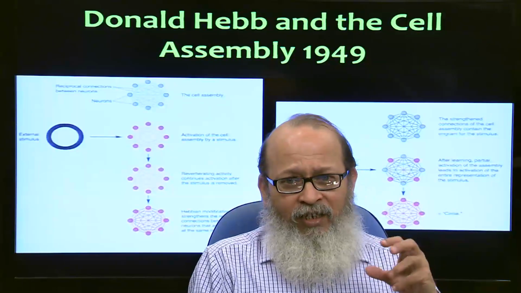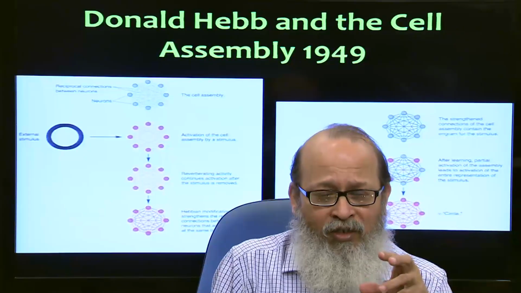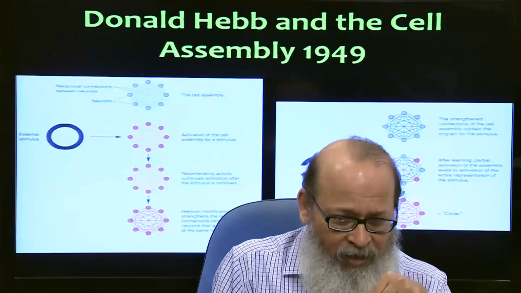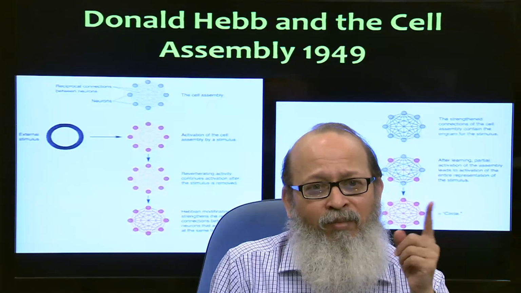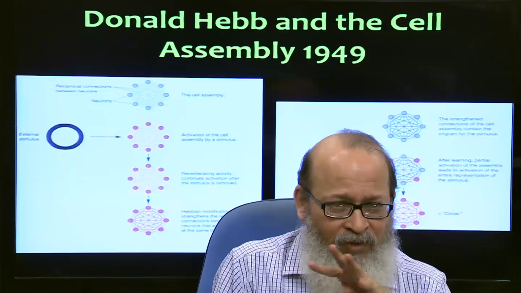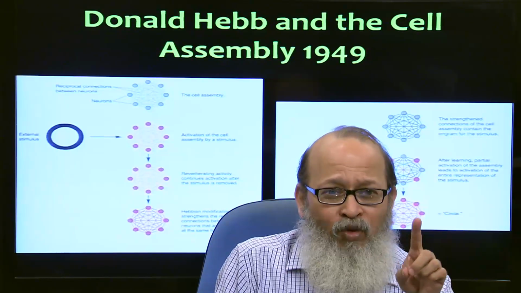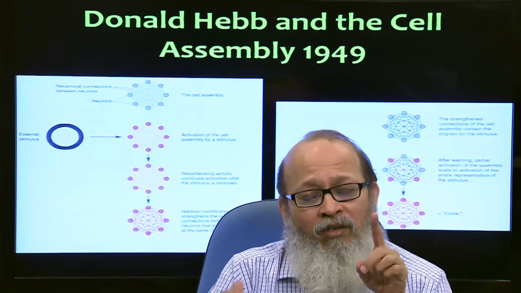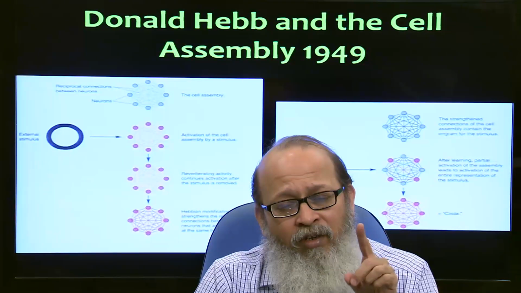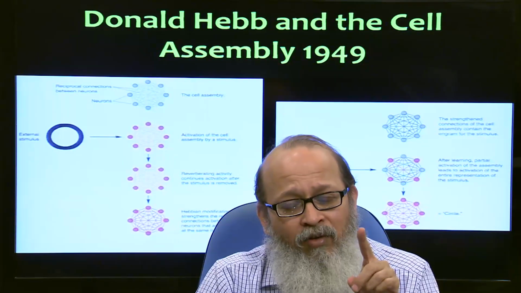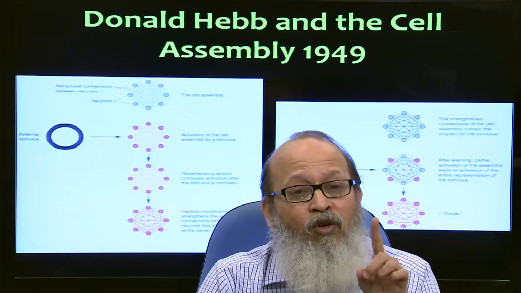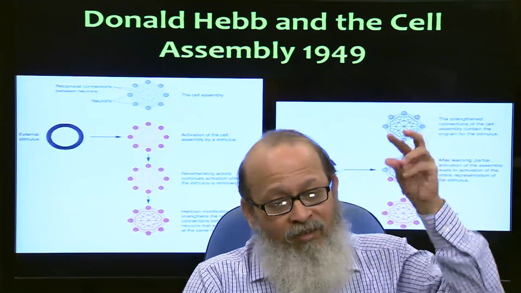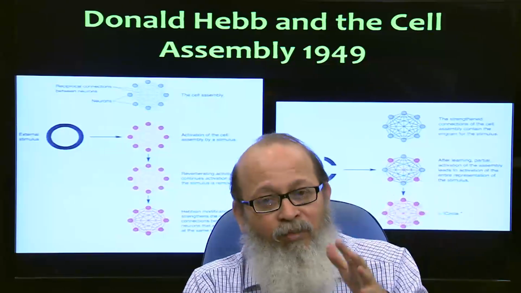He was saying that 10 to the power 11 neurons form connections with each other. Not all of them are connected to every other neuron, but look at it: each neuron out of these 10 to the power 11 neurons has 1000 to 10,000 inputs coming to it.